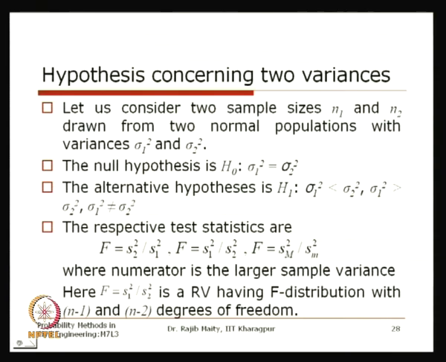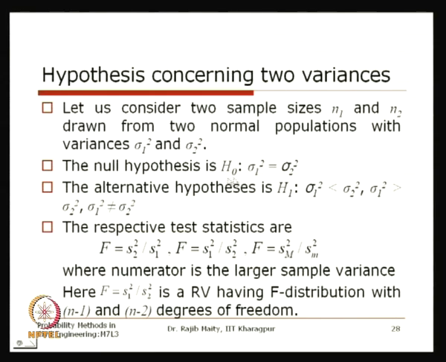Well, now we will take hypothesis testing concerning two variances. Let us consider two samples of sizes n1 and n2 drawn from two normal populations. This is the requirement: whatever samples we draw must be from normal populations with variances sigma 1 square and sigma 2 square.